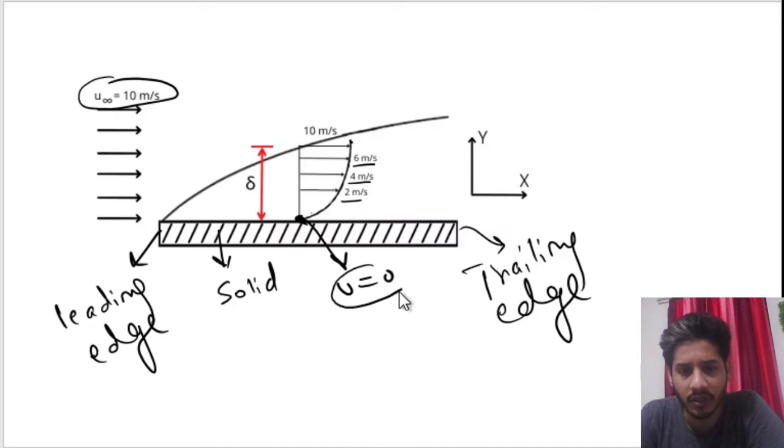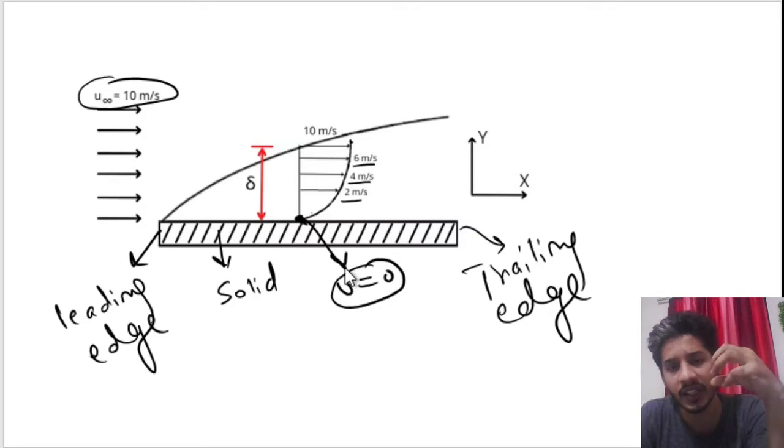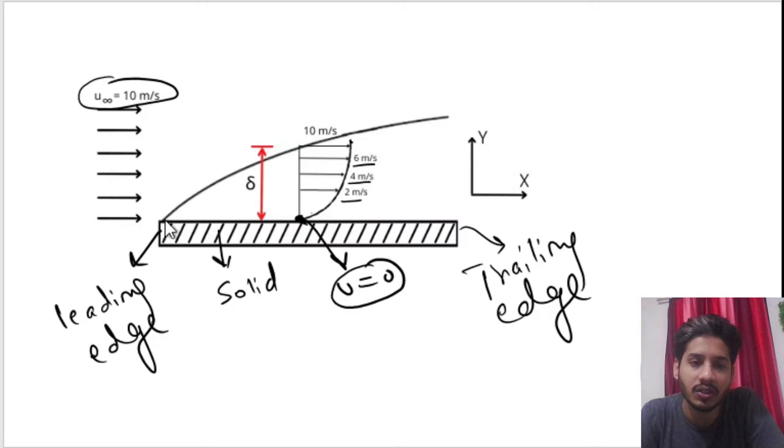And the point at which the velocity is zero is referred to as the no slip point, or the stagnation point, at which the velocity is zero. So basically, how is this graph drawn?